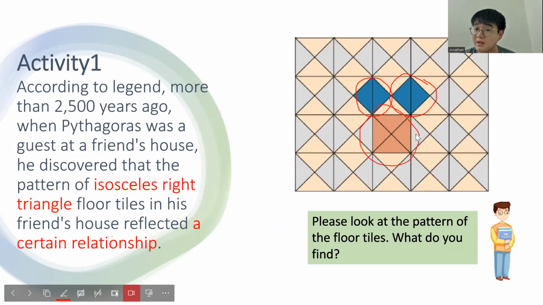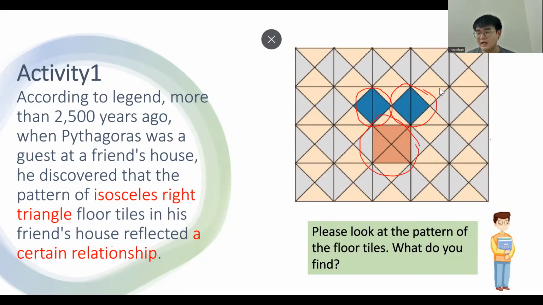All of them are the same isosceles right triangle, right? So far, is there any problem for this activity? Okay, both of you very good. No problem.